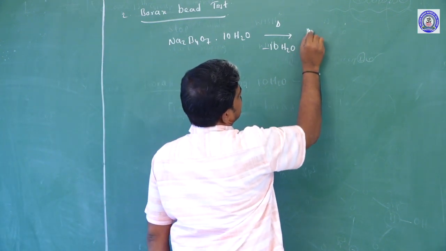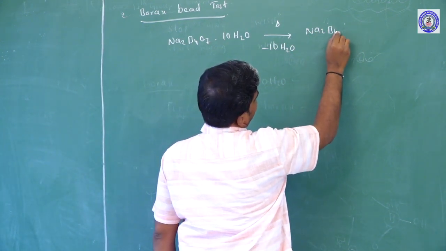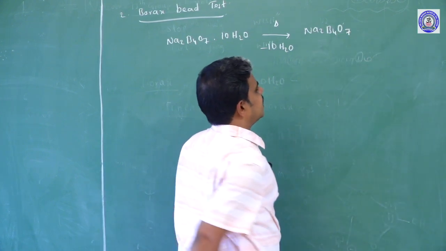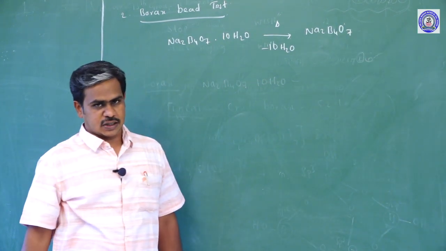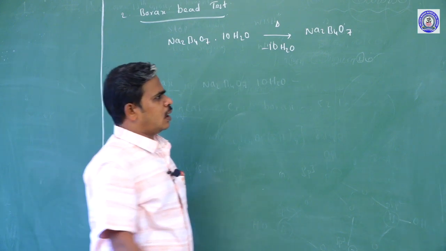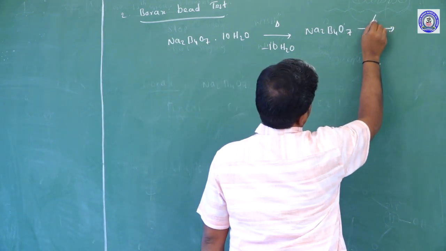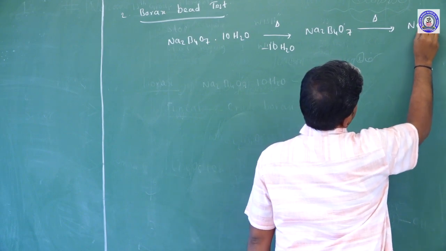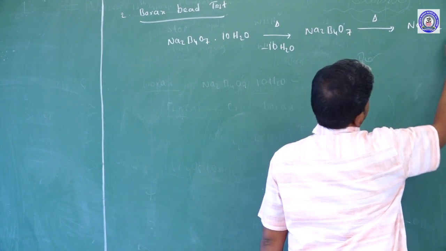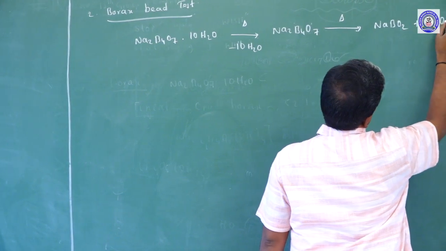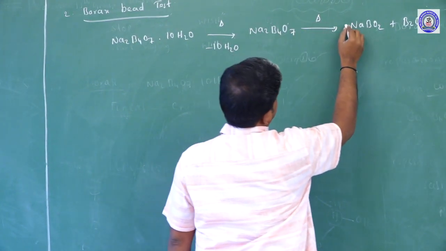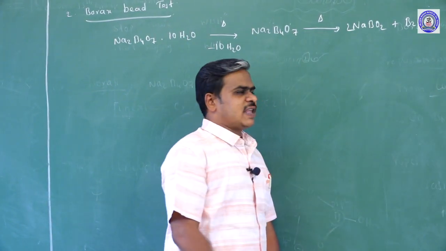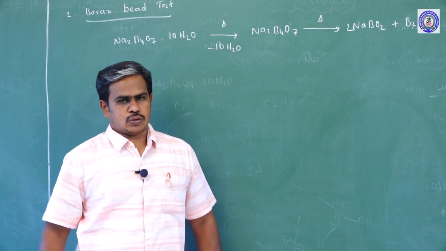So, we may get Na2B4O7, that is sodium tetraborate. Further on heating, we may get 2NaBO2 and B2O3.